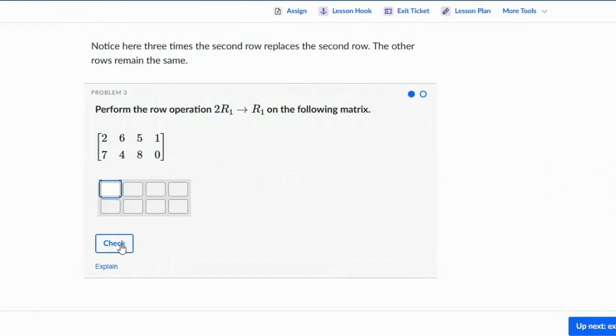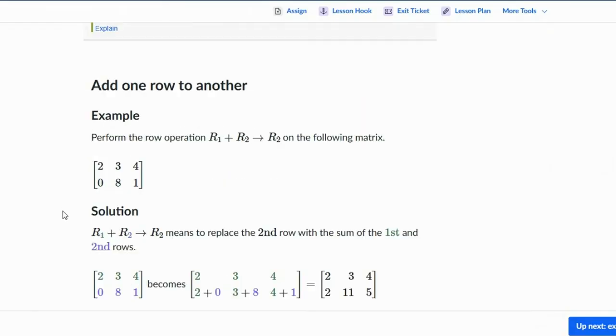Man, how great is that? You're in a high school class and you're being asked to multiply times 2. Feels like you're back in 3rd grade, doesn't it? 4, 12, 10, 2. And the second row is just the second row. We didn't say to do anything with the second row, so it stays the same. Perfect.